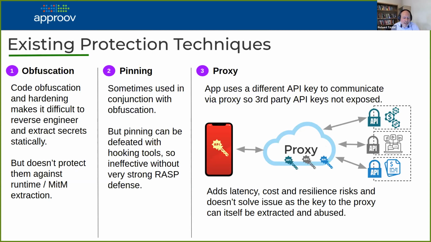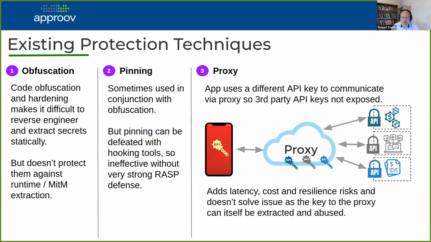If you obfuscate the app or harden the app in some way, then it becomes much more difficult to do that, because those keys may be obfuscated or encrypted in some way and may only be in their plain text form when the app actually runs. So that's a good protection against the first line of attack. But the problem is that it doesn't protect directly against the runtime or man-in-the-middle extraction attacks. And the protection is only as good as the weakest link.